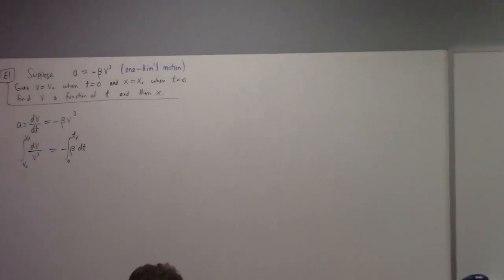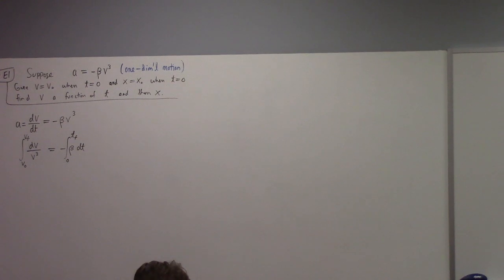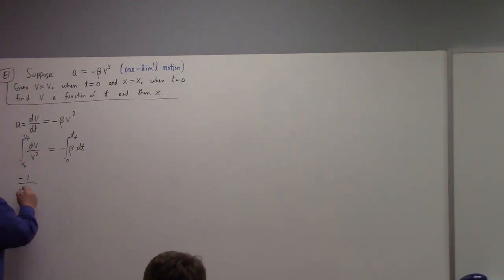So what's the integral of 1 over v cubed? I'll start you out. Minus 1 over what? Yeah, 2. We're looking for a 2v squared, but I'm going to put a vf squared here because I'm going to do the fundamental theorem of calculus.